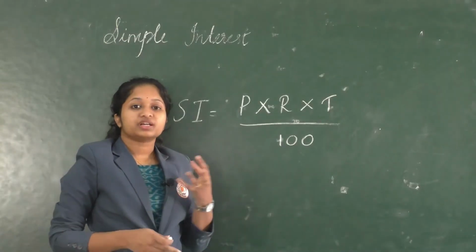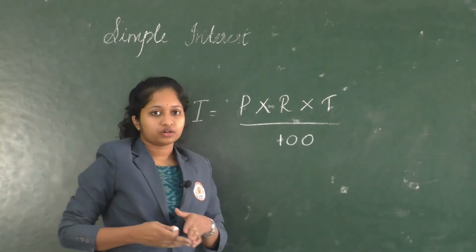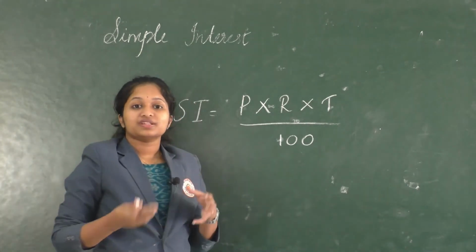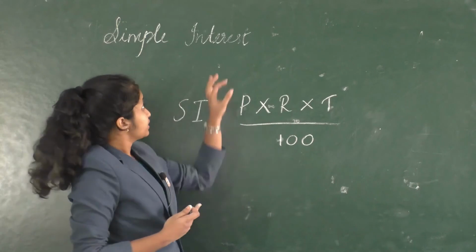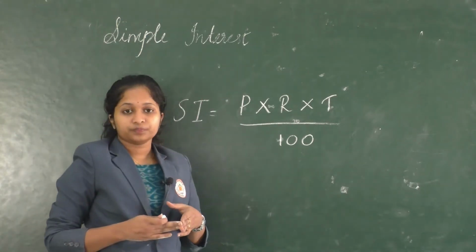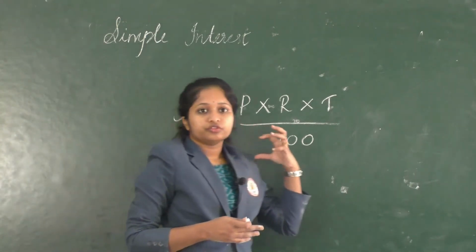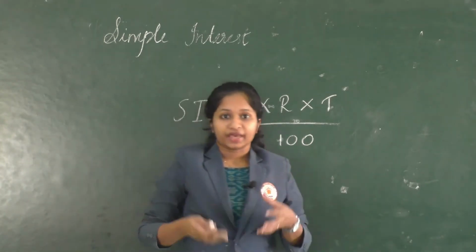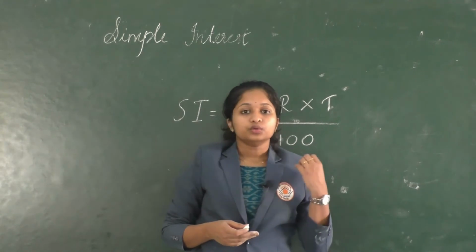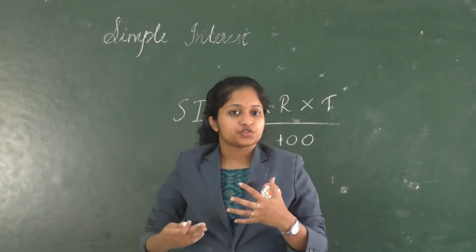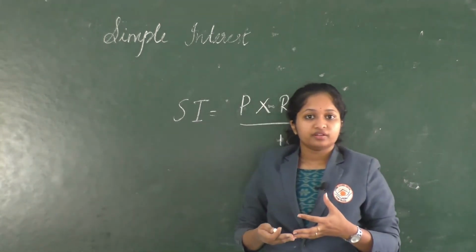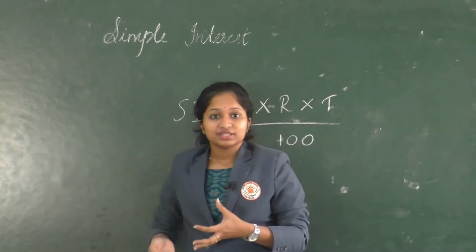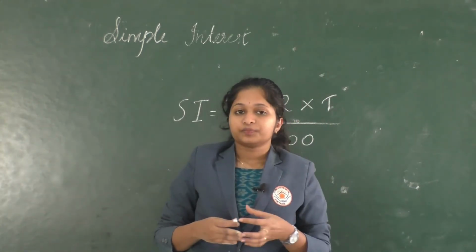So children, we completed profit and loss, isn't it? Now let's see the next topic, which is simple interest. Okay, so we have to know these concepts mostly in banks. We borrow money from there and we have to pay certain interest, isn't it?